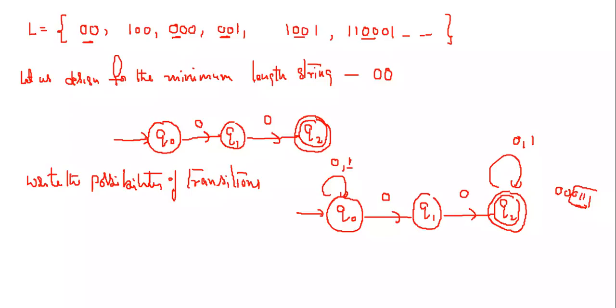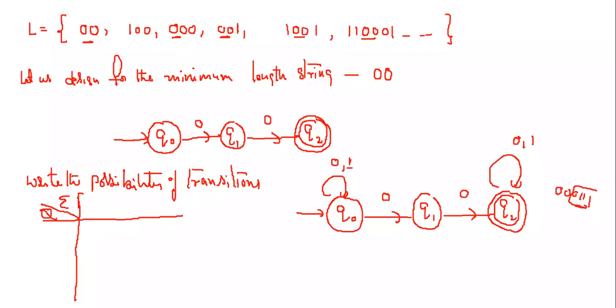After designing the NFA, you have to write the transition table for the NFA. How will you write the transition table? Suppose I am writing the transition table here. This is sigma, that means your input alphabet.